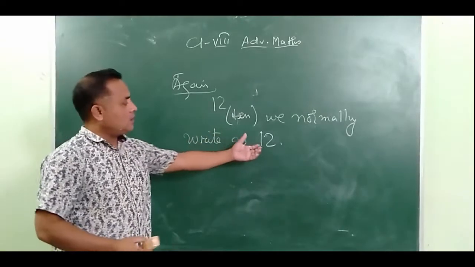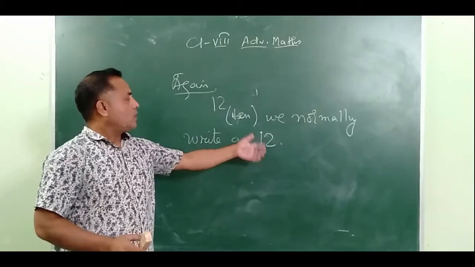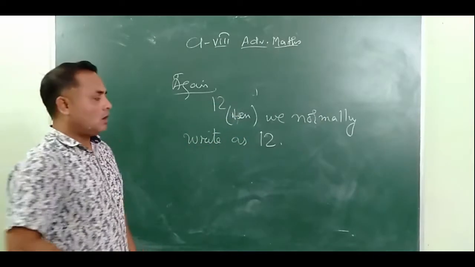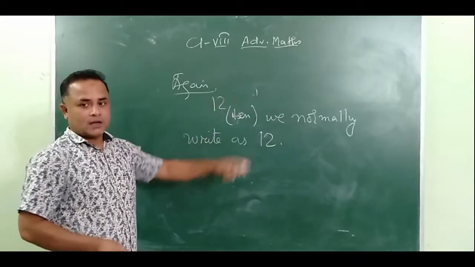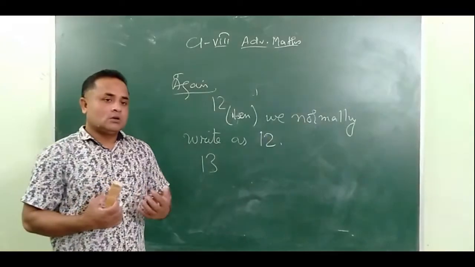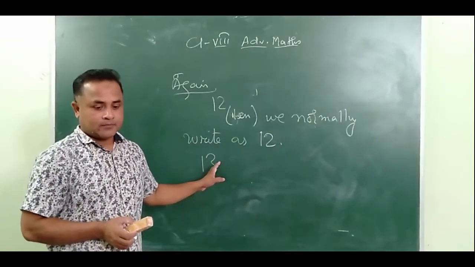When we find any number like 12 without a base, we always think that this number may be of base 10. Suppose if I write 13 also, we should always know that there is a base 10.